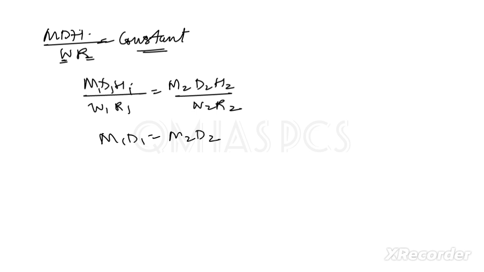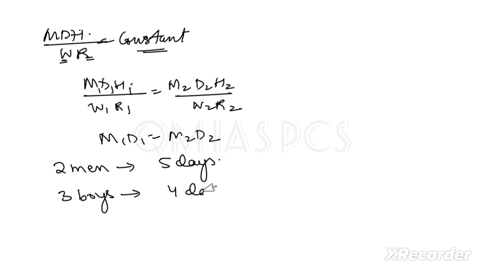Next thing is the relation between efficiencies. How to solve that? Suppose there is a task, and two men complete that task in, let's say, 5 days. And there are three boys who complete that work in 4 days. We have to compare the efficiency of men and boys. So how to do that?